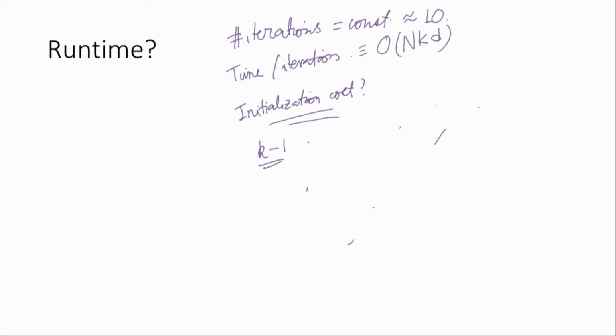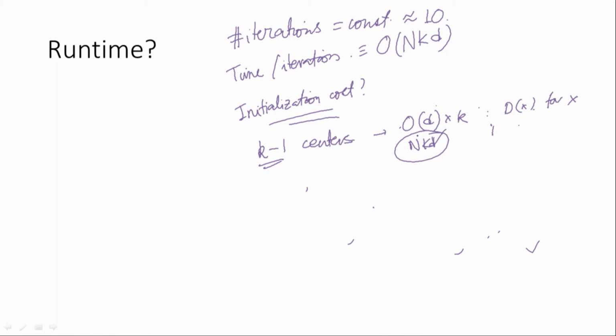So then what is the time for this? Let's say we have chosen k minus 1 centers already. Now for every point, we compare with each of the centers in time order d times k, and that gives me the D of x. And so the D of x for all x is n times kd.